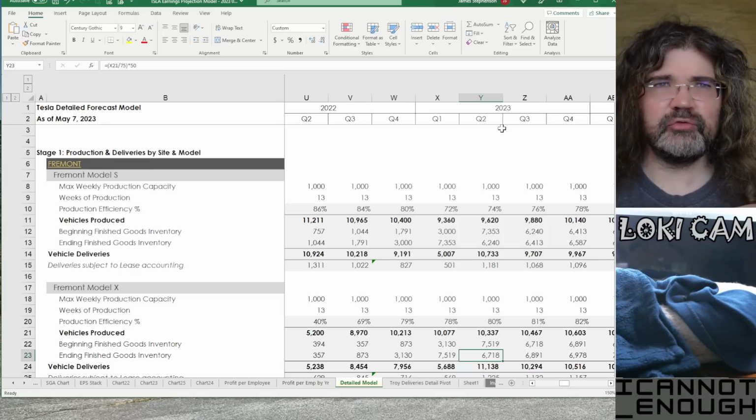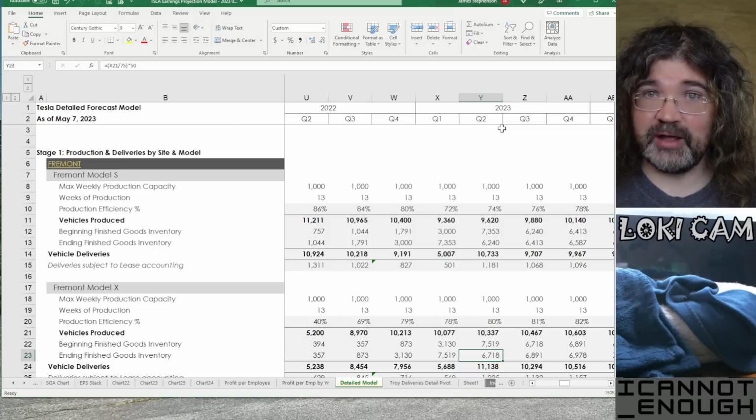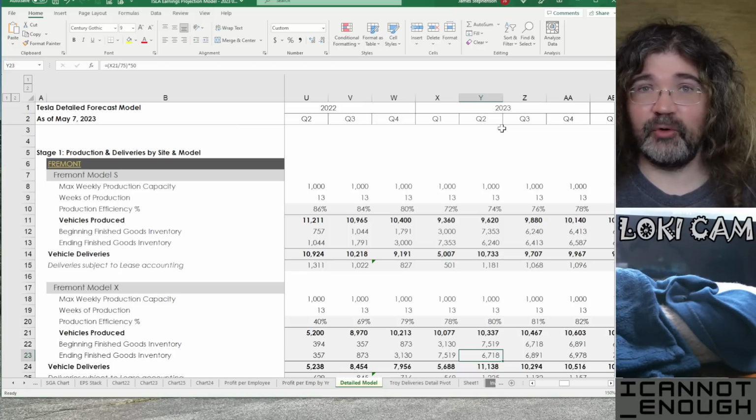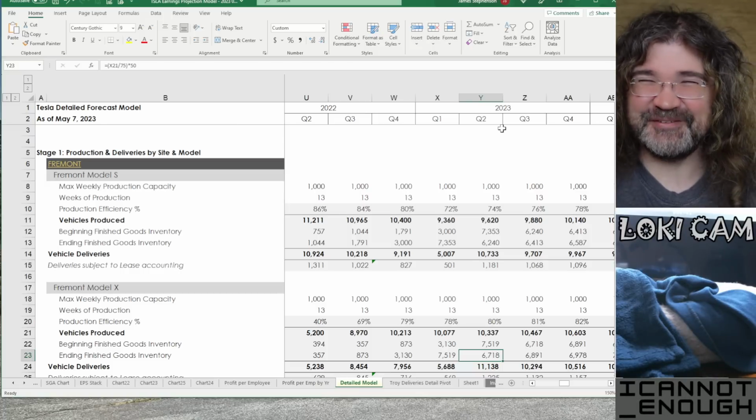It makes sense to have S and X vehicles available as test drive vehicles at sales centers so that if people want to drive one, if people want to buy one, you'll have something that they can test drive.